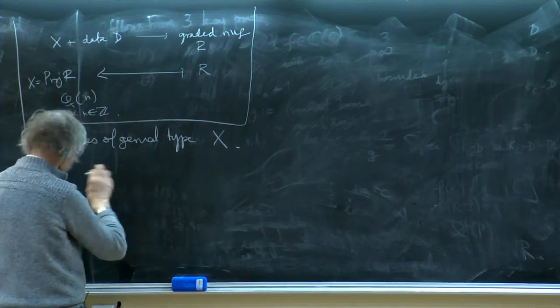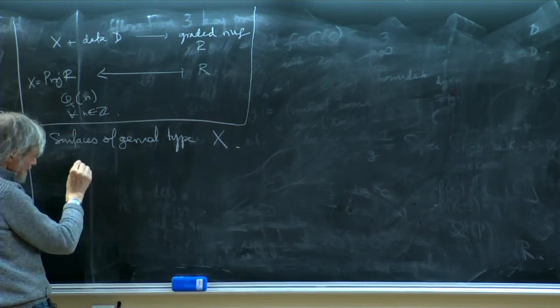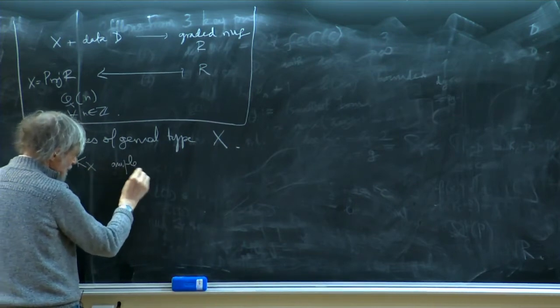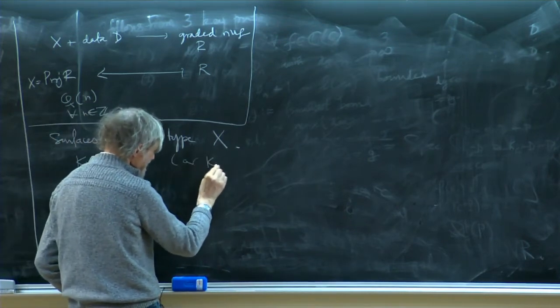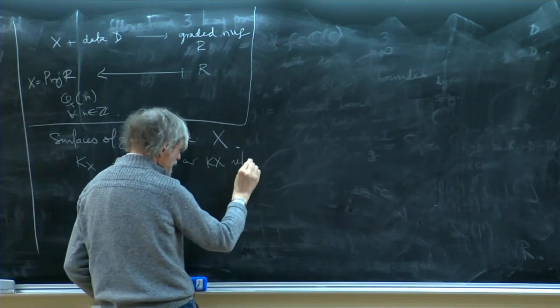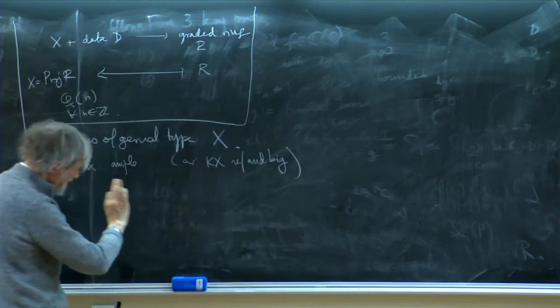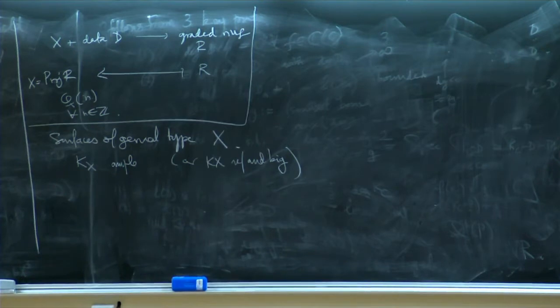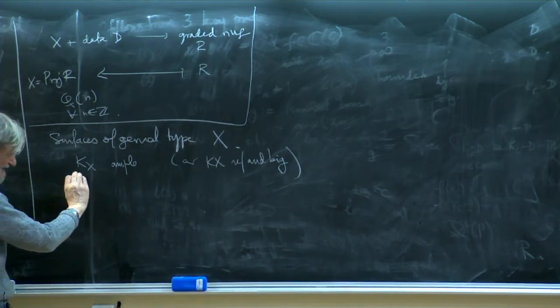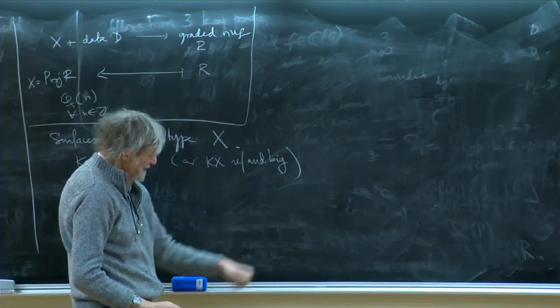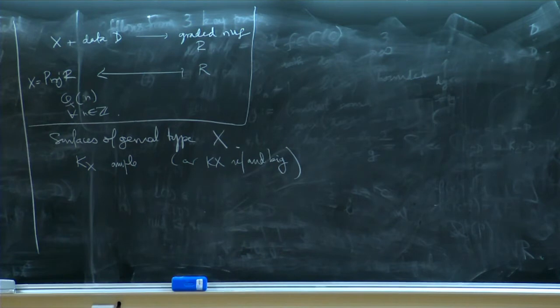So for a surface of general type, let me just assume that general type means Kx ample, or Kx nef and big, if you want, but everything I'm going to say here is just as easy or just as problematic when Kx is ample as nef and big. This just involves more messing around with known singularity theory.